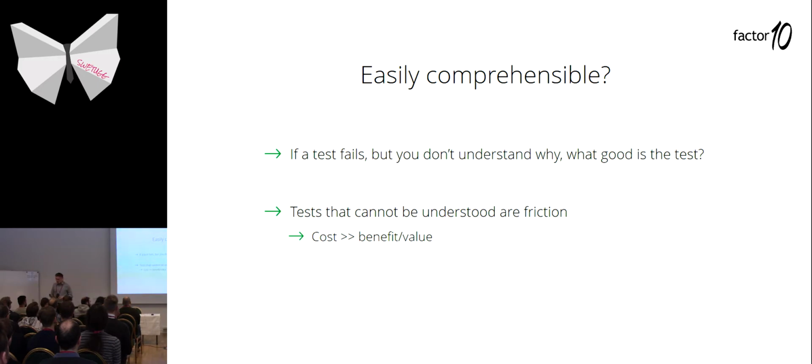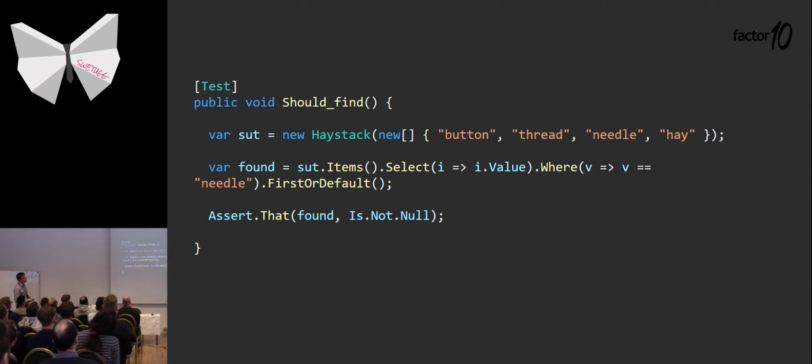I thought, what should I give as an example of a hard to understand test? It's probably hard to give an example that is completely impossible to understand, because then I won't be able to explain it myself even. So I thought about something simpler. We create a haystack test. So the haystack is the subject under test. And we add some items to it, including hay.